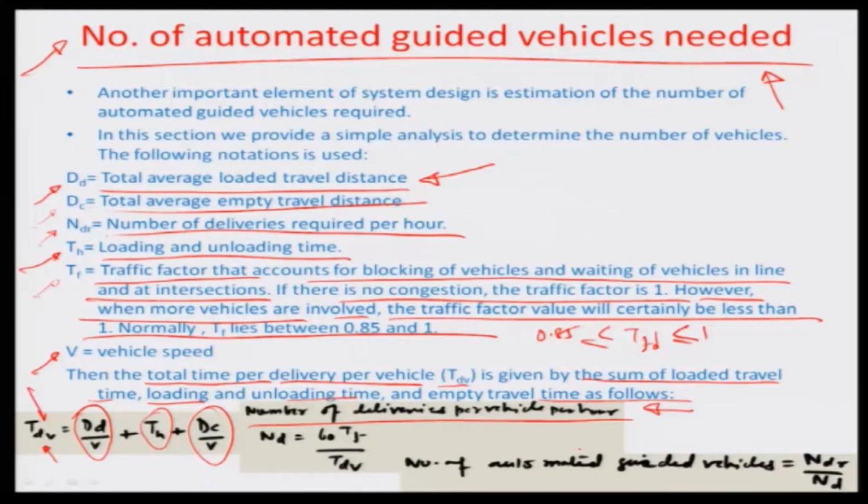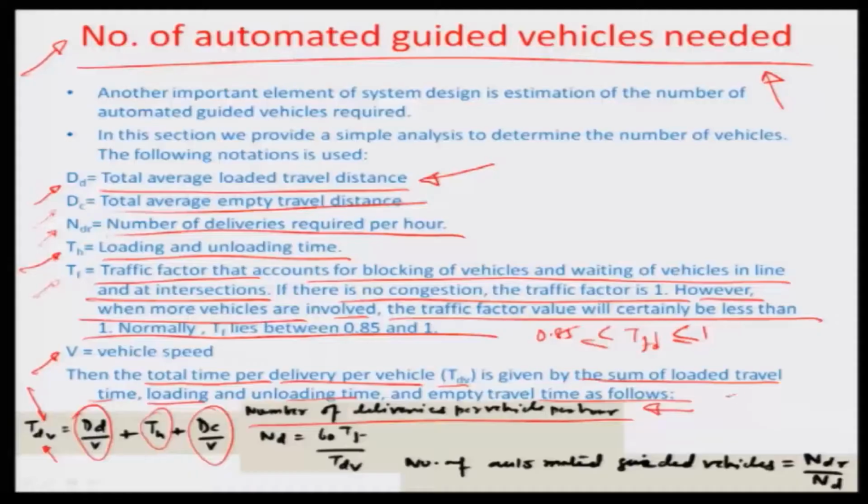The TDV obviously will increase because of the intersection or waiting. So therefore you have to calculate the real time that it takes in case there is a traffic blockage or obstruction by dividing the TDV by the TF factor.